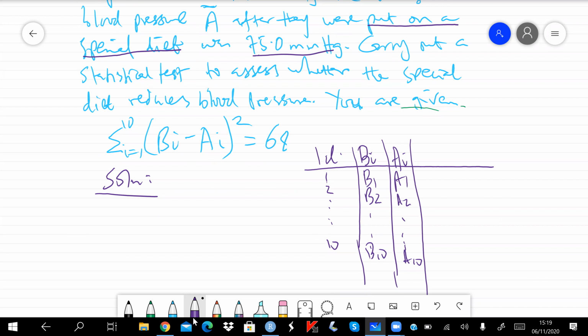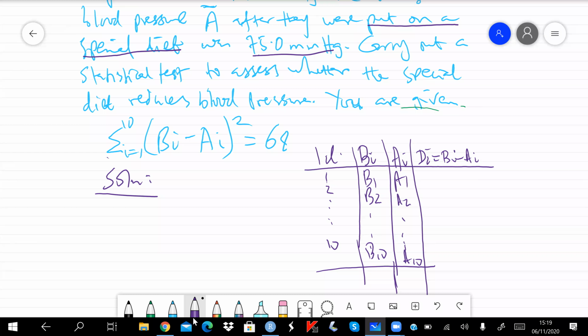Because the individuals are the same, just like we explained a little earlier, their measurements will be very much correlated. So we need to work out the difference, the DI, between the B's and the A's: BI minus AI.